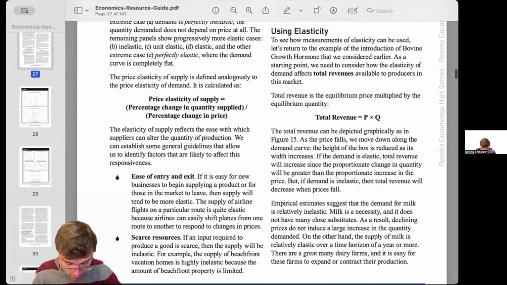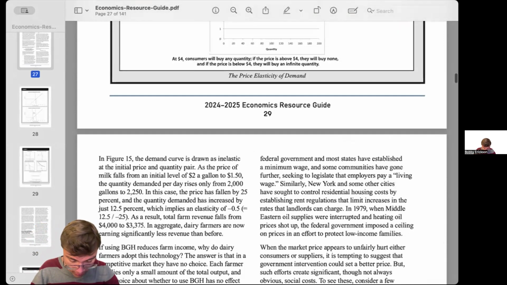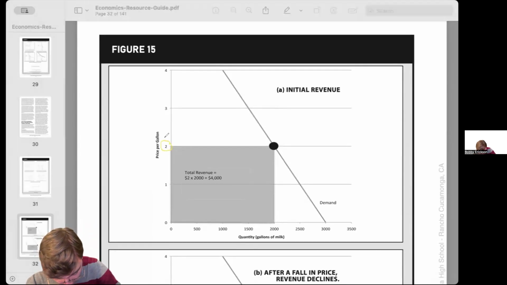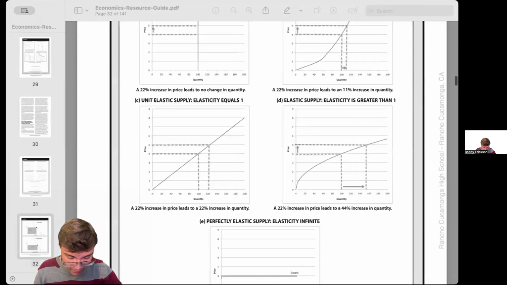If we just go ahead and scroll all the way down, all these figures are so spread out, we can see total revenue is just the price times the quantity. So the total revenue here for milk is going to be $4,000. And so it's the area of this little box.